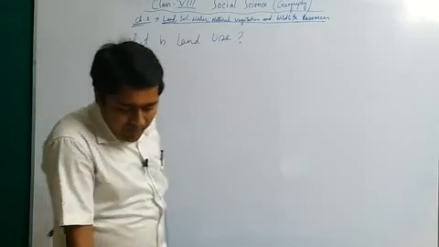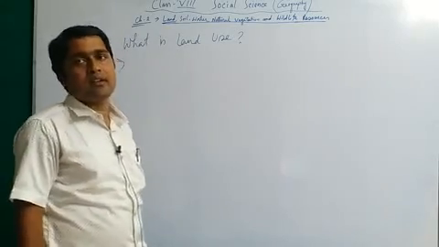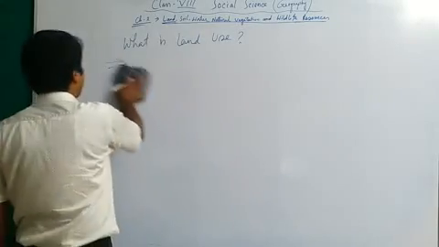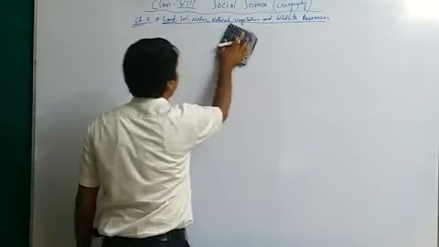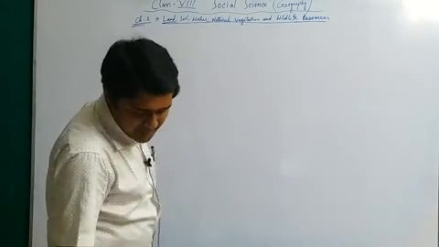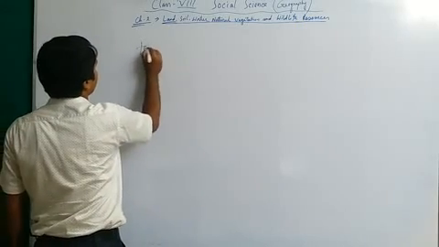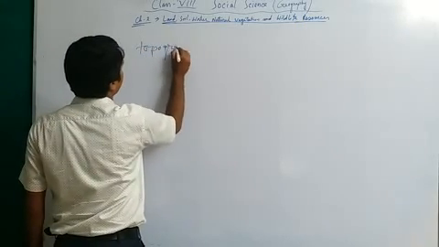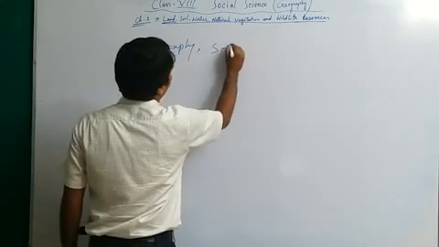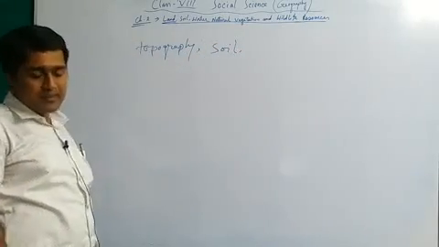Now the use of land is determined by physical factors. Land use depends on some factors. What are the factors? That's why land is used for different purposes. So first, some physical factors are topography. Topography means the shape of land. Soil. These are the physical factors.